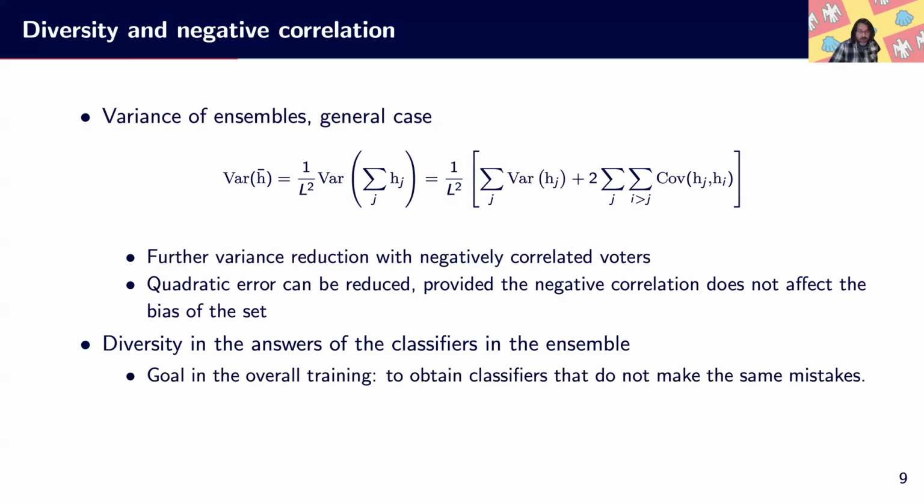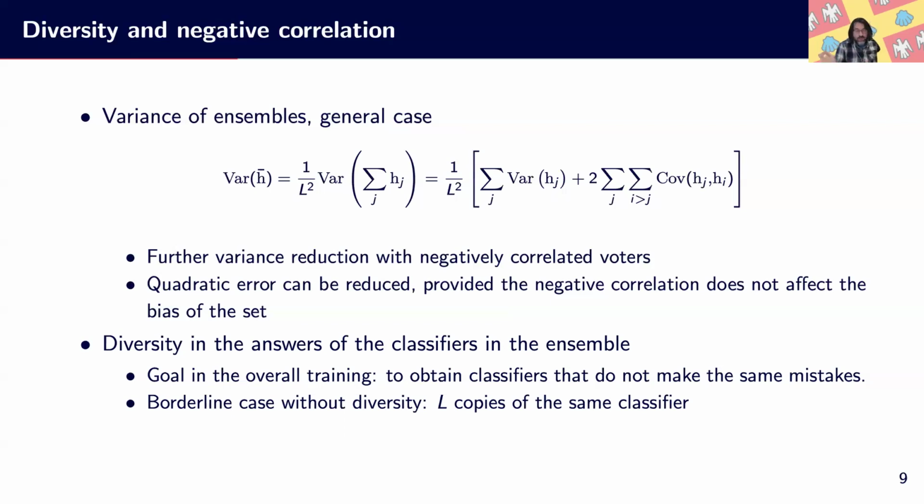So the goal in the training overall is to obtain classifiers that are not making mistakes on the same data samples. And there is, in fact, the counter-argument of the borderline case without diversity, where we build an ensemble of L models that are basically the same model.